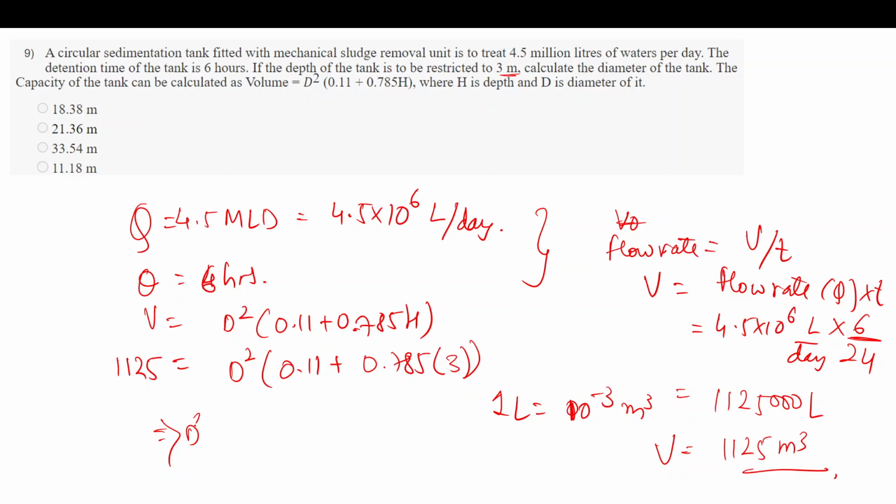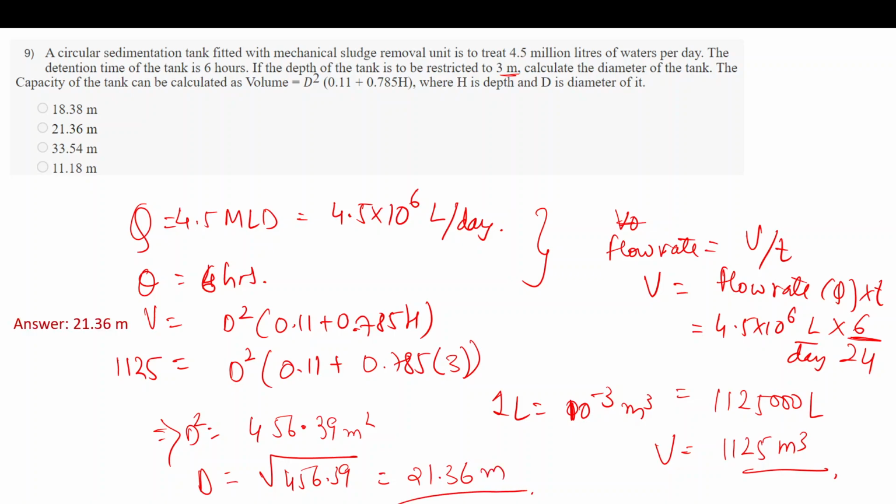So now if you solve this, D square will turn out to be 1125 divided by (0.785 into 3 plus 0.11), which is 2.465. So D square is 456.39 meter square, and D will be the square root of 456.39, which will be 21.36 meters. Right, so the correct answer is 21.36 meters.